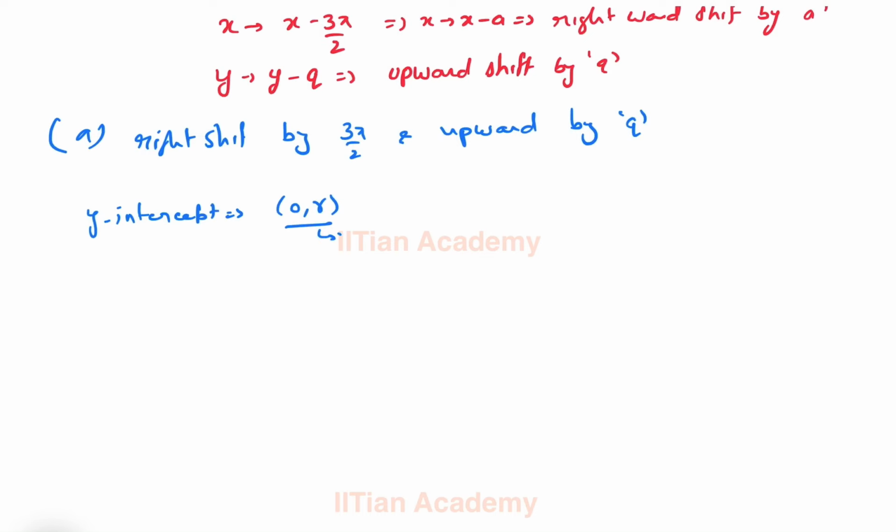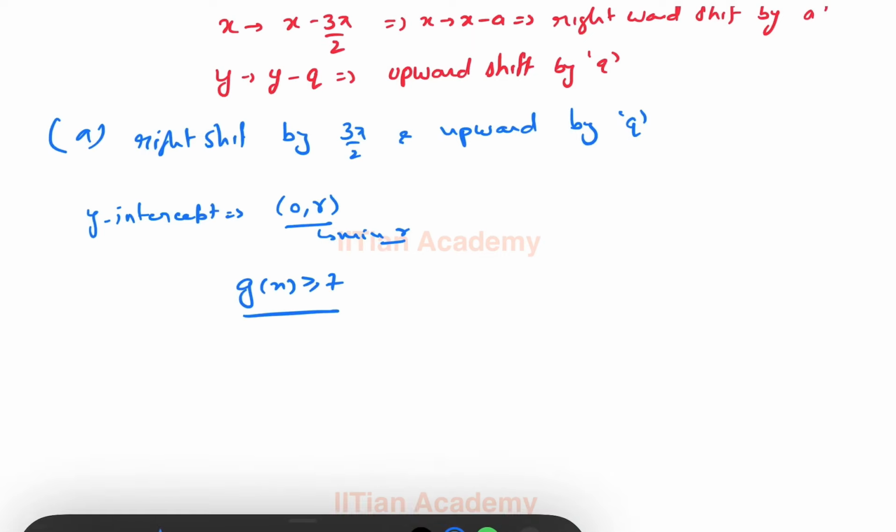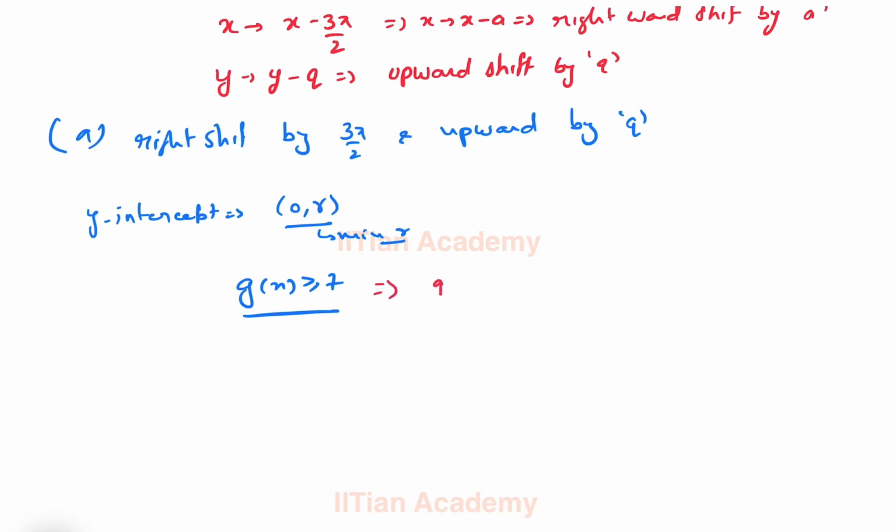And at the same time, we have to identify the minimum value of r such that g(x) should always be greater than or equal to 7. So for the same, what is g(x)? g(x) is nothing but 4 sin(x - 3 pi by 2) + 2.5 + q.